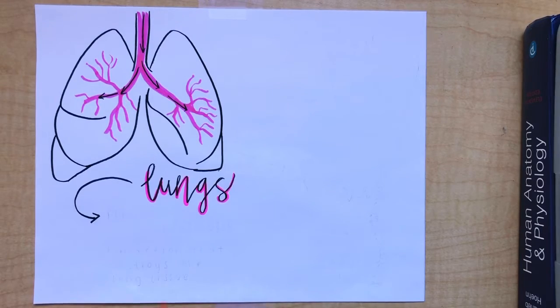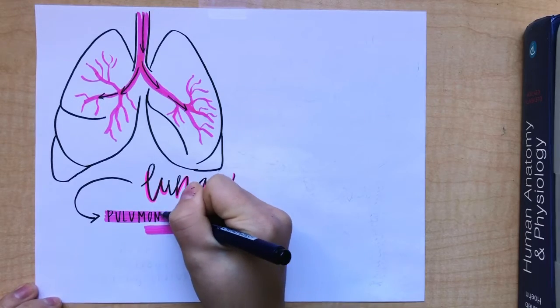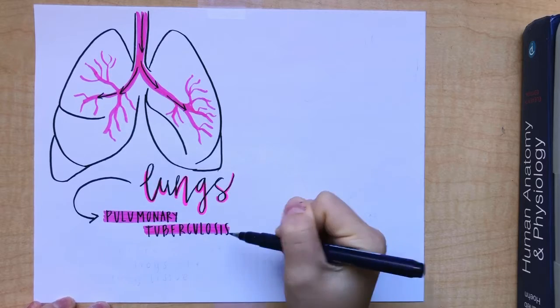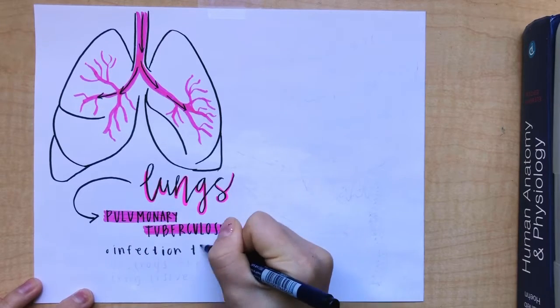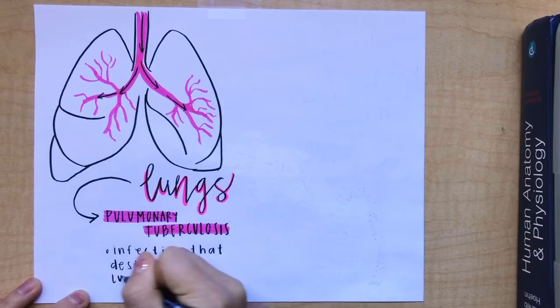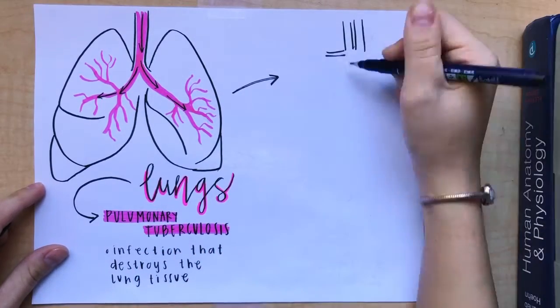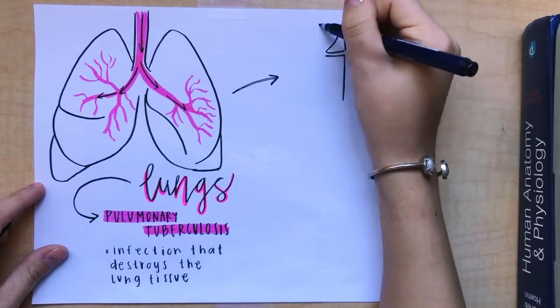This is the main type of tuberculosis that everyone knows, and it's called pulmonary tuberculosis. And it is an infection that destroys the lung tissue. However, what most people don't know is that tuberculosis can actually affect different parts of your body.